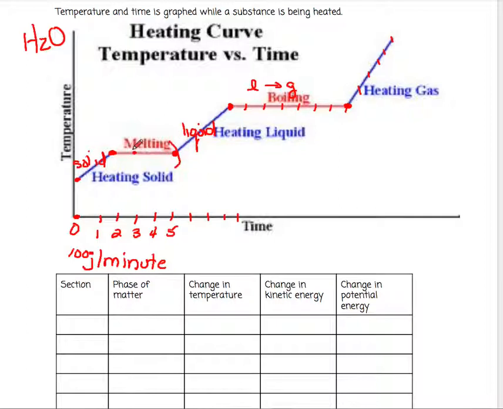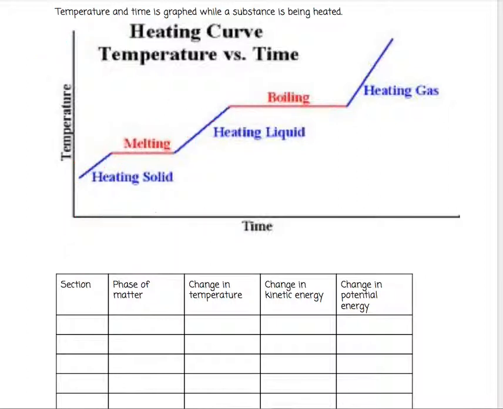So at these flat parts of the graph, let's erase this so it doesn't get too sloppy for us. At these flat parts of the graph, let's see if I can make this a little bit bigger. Right here and right here, there is no increase in temperature, but there is an increase in energy. Which kind of energy is being increased at those spots?